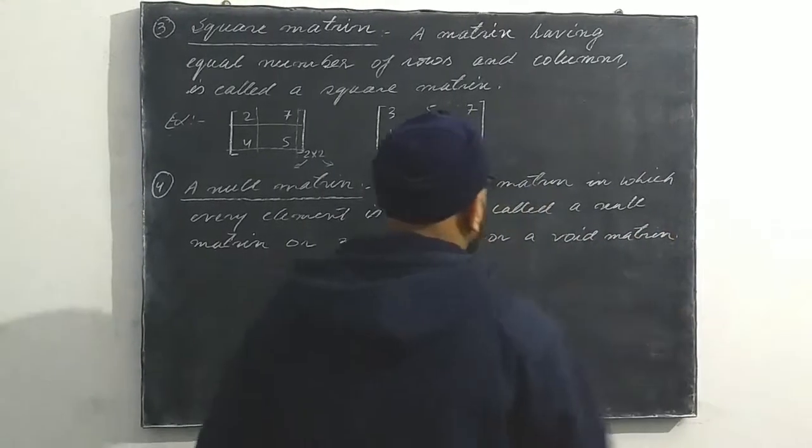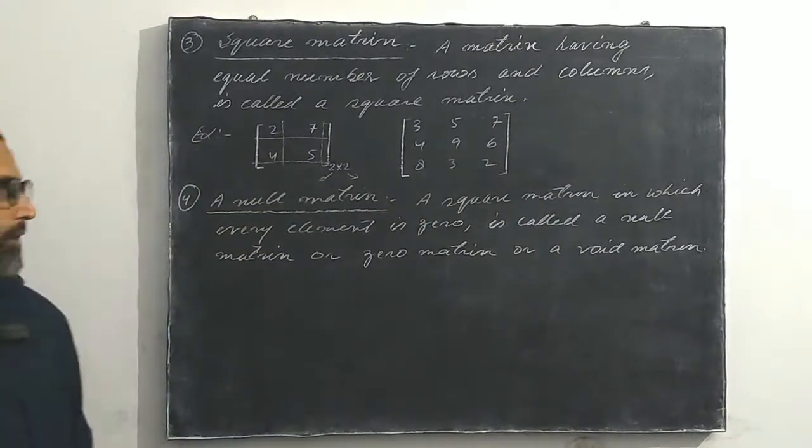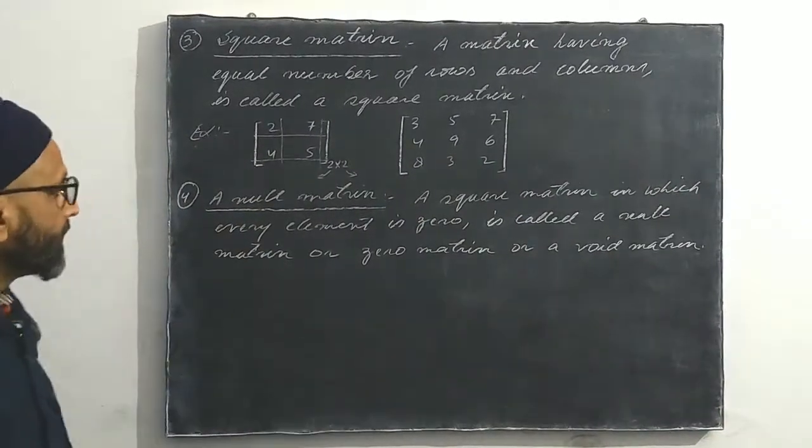It is known by 3 names: a null matrix or a 0 matrix or a void matrix.